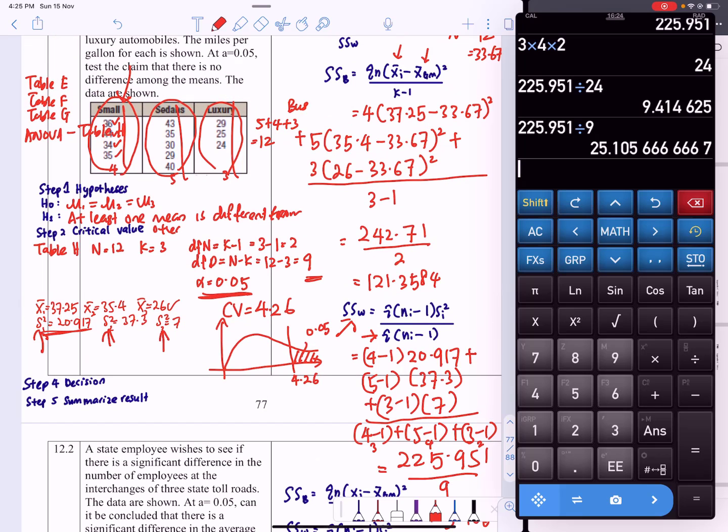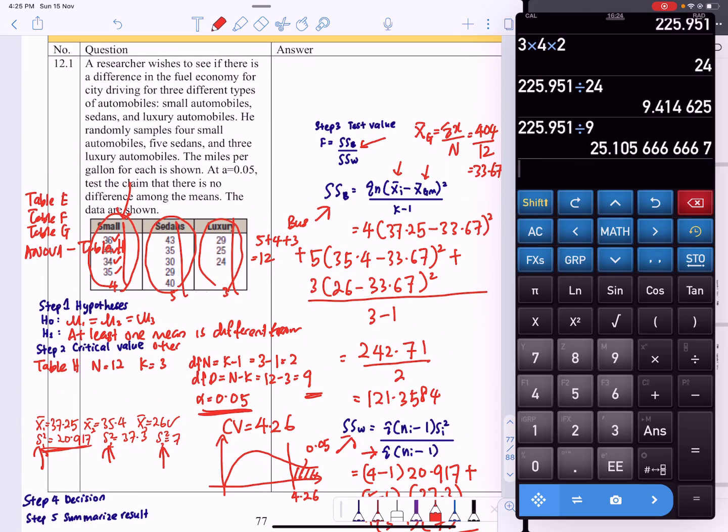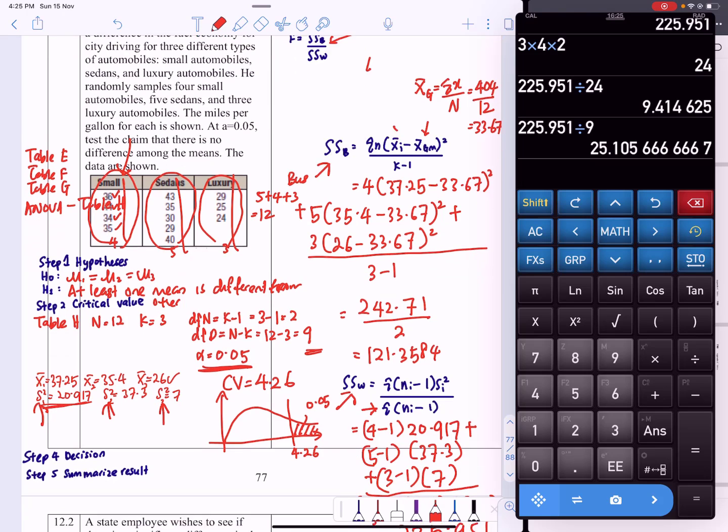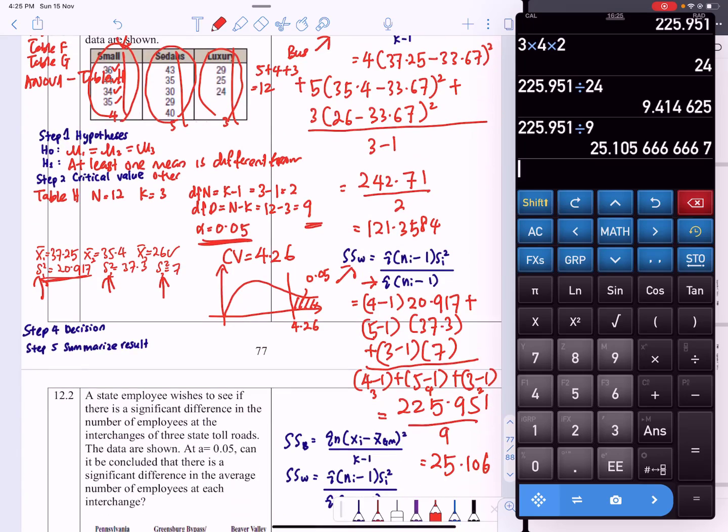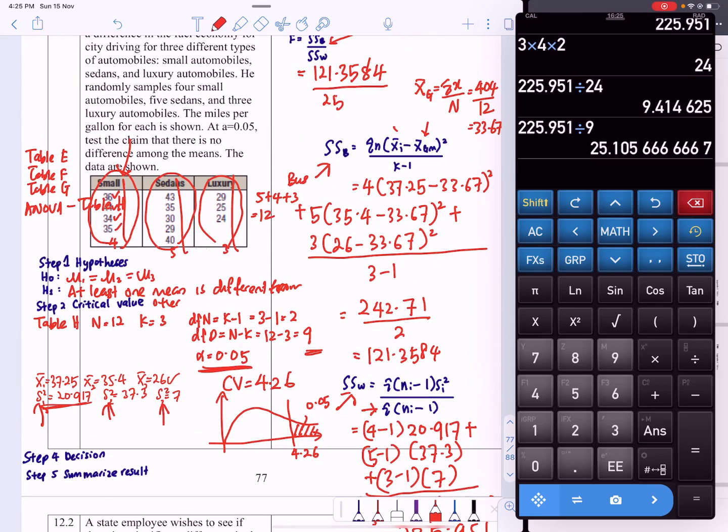We get the answer for the SSW and SSB. Now we can insert the value for this one. SSB first. 121.3584 divide by 25.106.